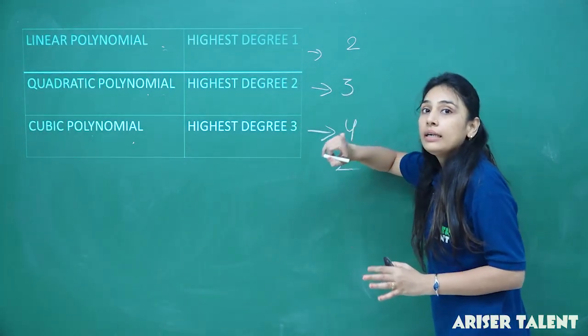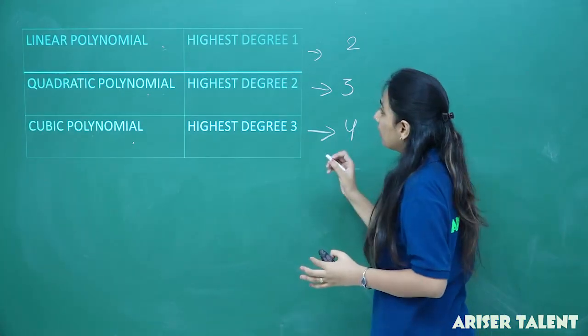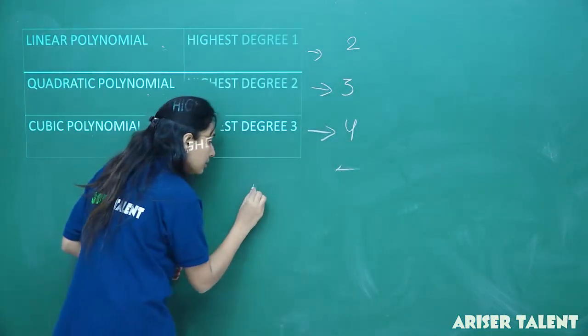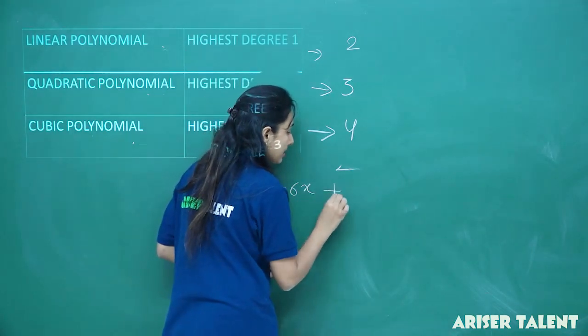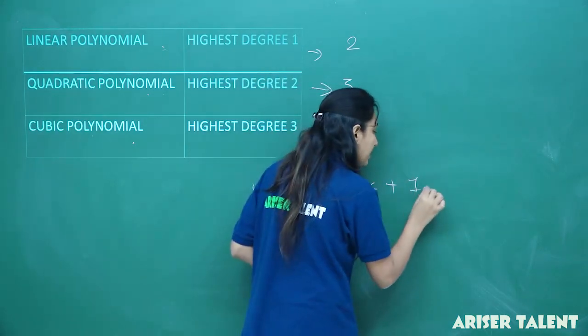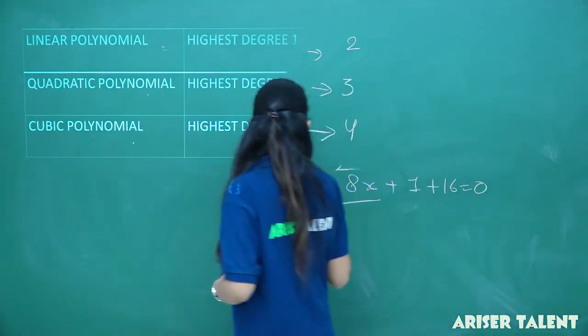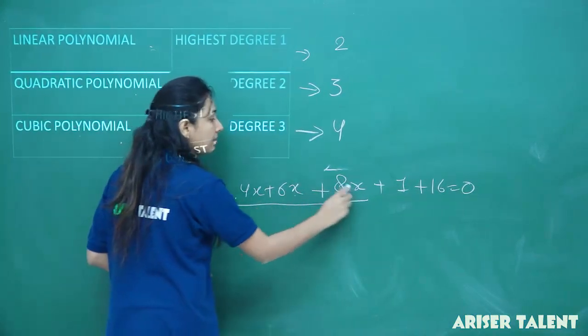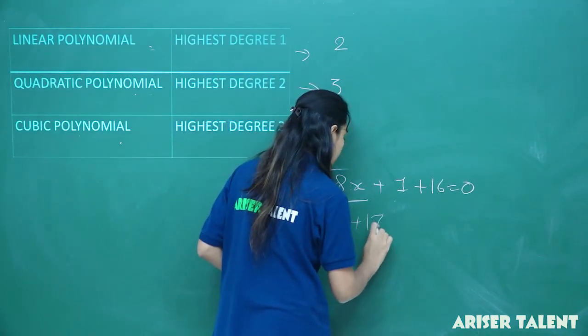Let me help you understand it better with an example. Now if you have an equation like 4x plus 6x plus 8x plus 1 plus 16 equals 0, you can resolve this. This is 18x plus 17.